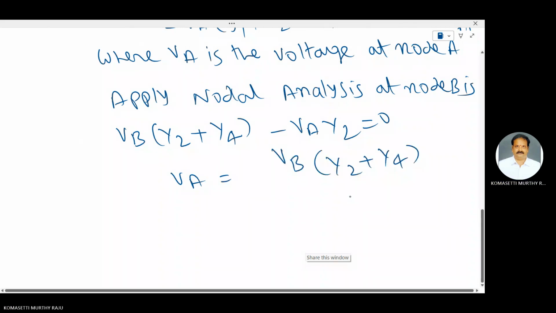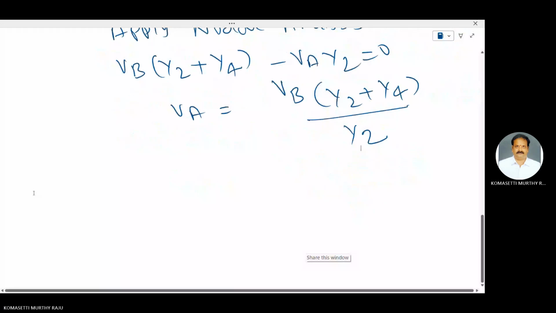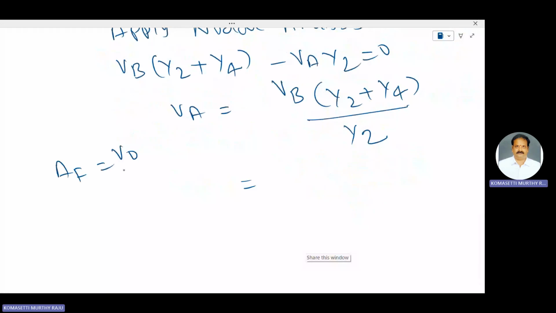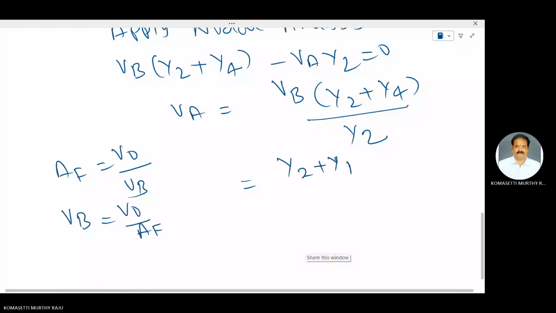We know that AF is equal to V0 by VB. Therefore, VB is equal to V0 by AF. So VA is equal to (Y2 plus Y4) into V0 by AF Y2.